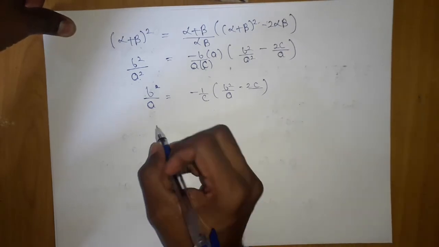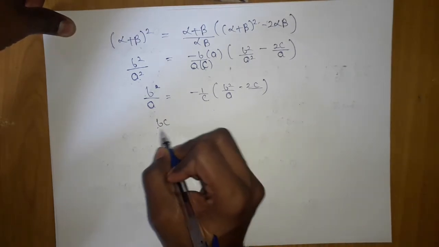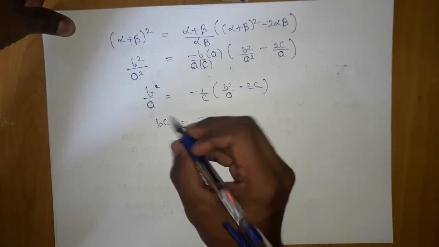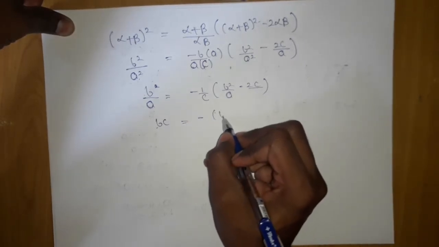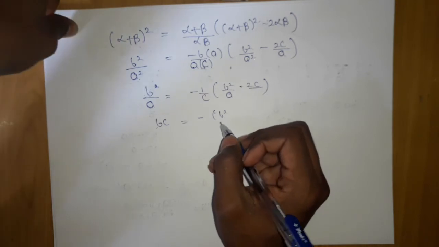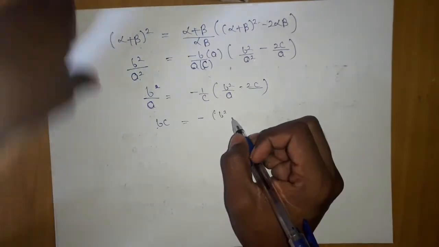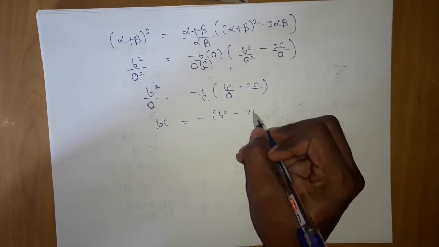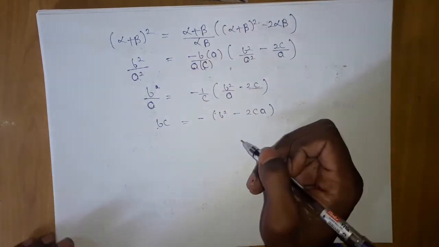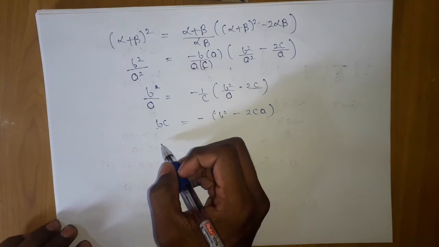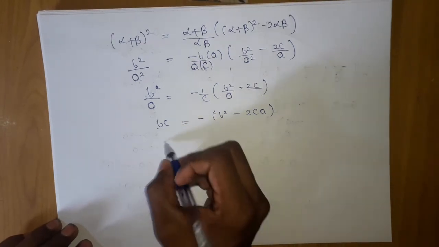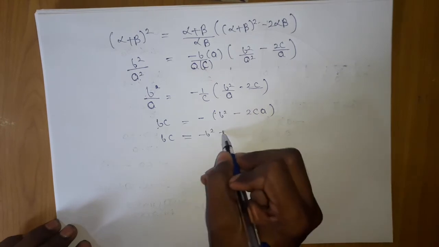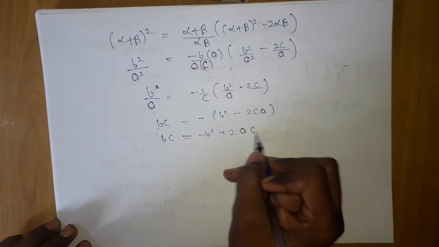Now what we can do: bc will be equal to this, and when we multiply this a with this, b square, a will cancel out. This c multiplied with this, and minus 2ca, so we are getting this. So bc is equal to minus b square plus 2ac.